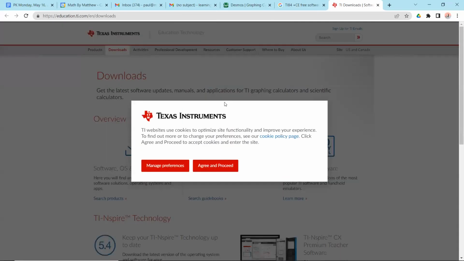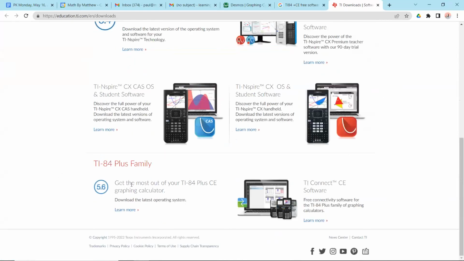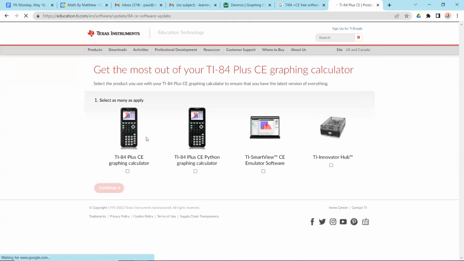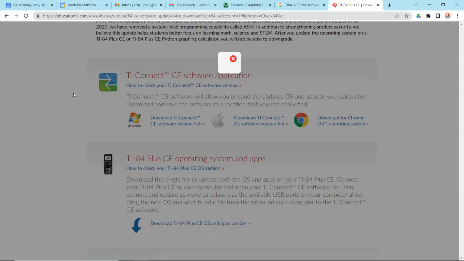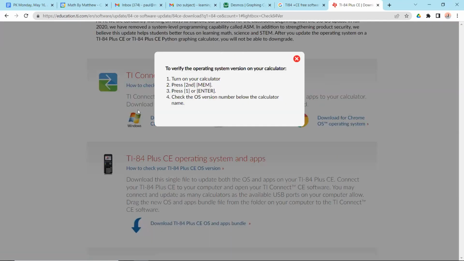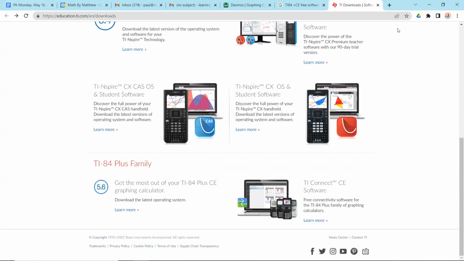Let's see if I can get this thing up. There's an E on there somewhere.